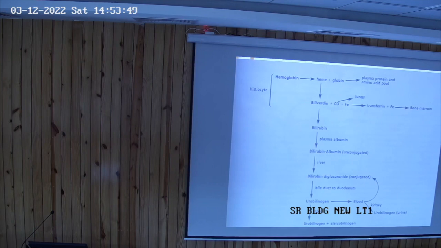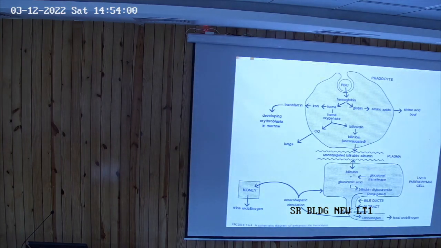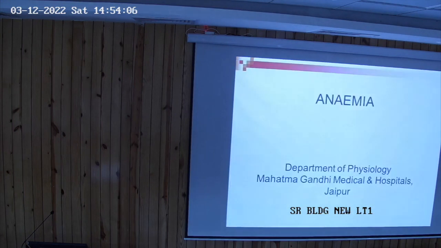Plasma albumin forms unconjugated bilirubin, enters into the liver. This is the section which we'll see in jaundice or GI. Okay, this is the formation and destruction of hemoglobin.